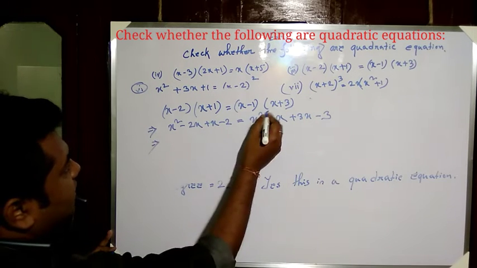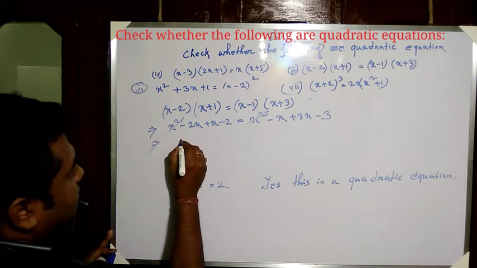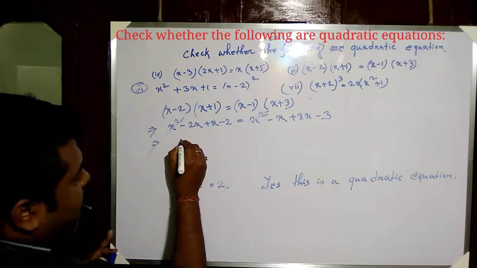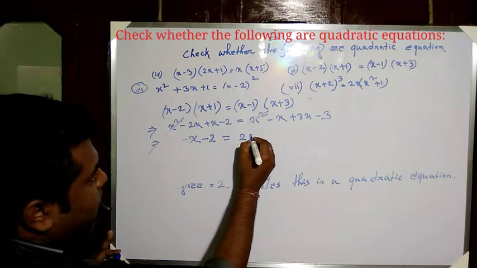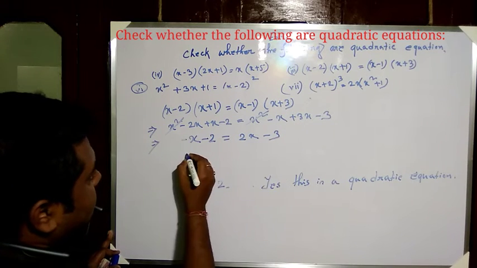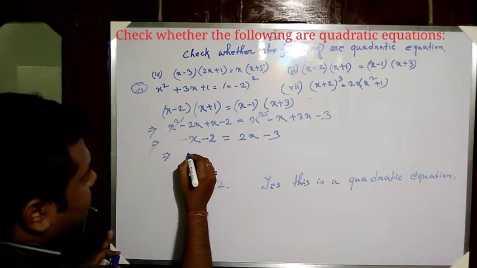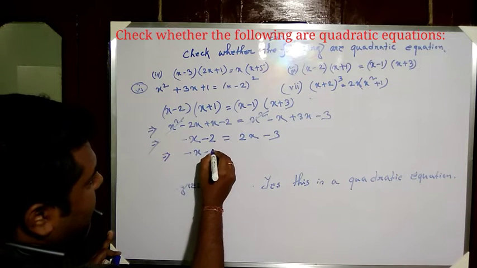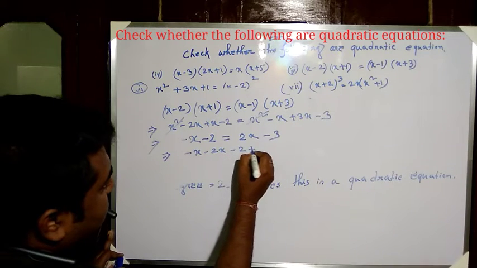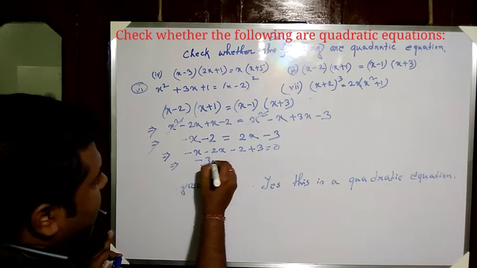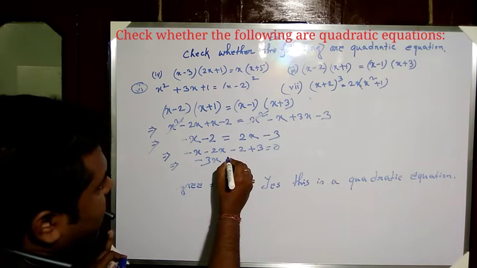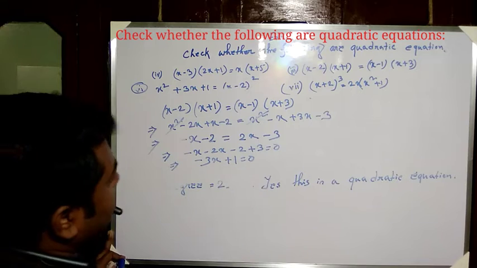Implies that x square cuts. So here minus 2x plus x minus 2 equals to 2x minus 3. Ultimately minus x minus 2x minus 2 plus 3 equals to 0. It gives you minus 3x plus 1 equals to 0.